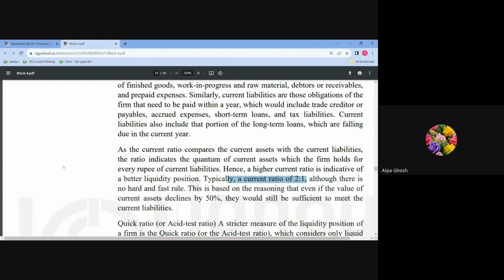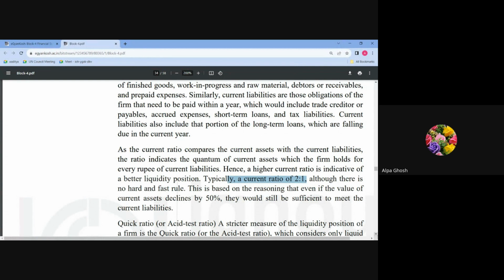It should be more with cash, bank, and marketable securities. If it is like this, you can manage very efficiently with 1:1 also. But as it is a business and fluctuations are there, so we say that we should have double the current assets compared to current liabilities.